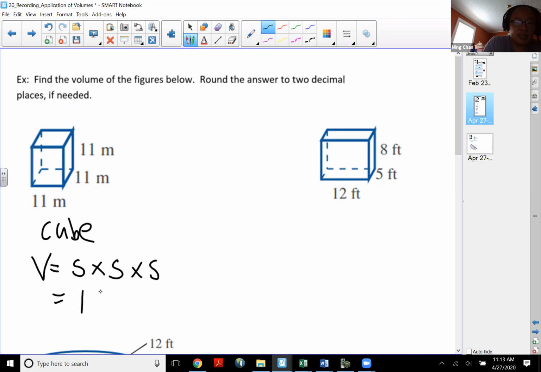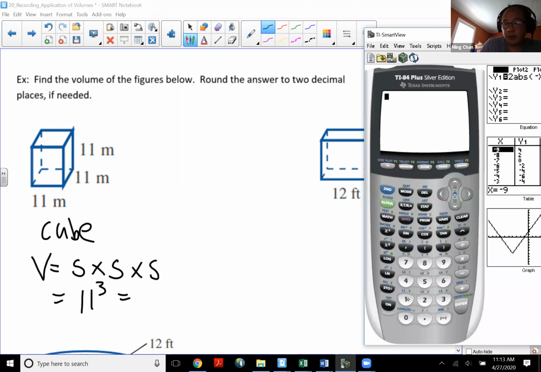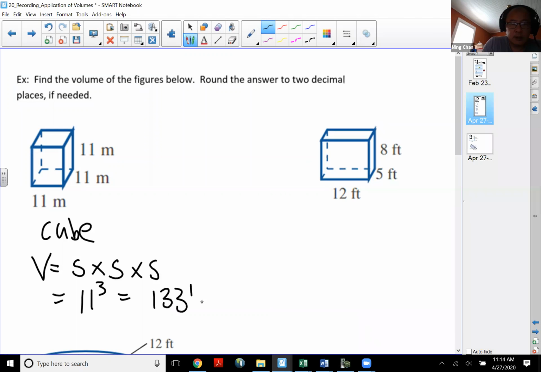So here you can say 11 times itself 3 times, or 11 to the 3rd power. I don't think we need to round here because the answer is exact. 1331 cubic meters. I'm going to purposely write down the unit so we know what we're dealing with.